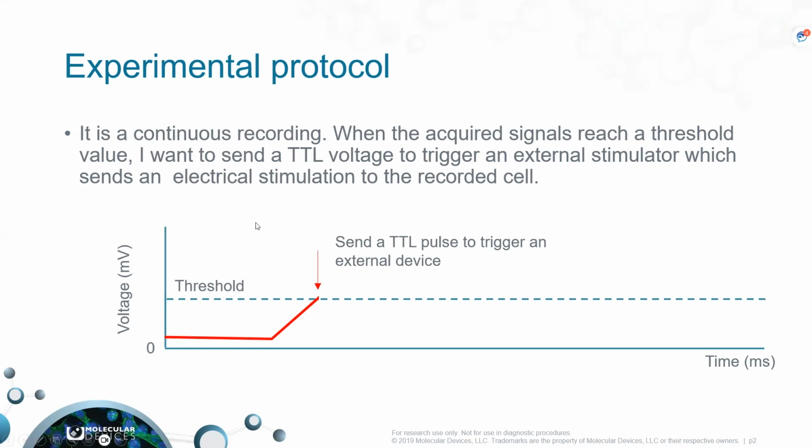For example, I want to make a continuous recording, and when the acquired signal reaches a threshold, I want to send a TTL voltage to trigger an external device. In this case, it's an external stimulator, which sends an electrical stimulation to the recording cell. That is the protocol that customers want to create.